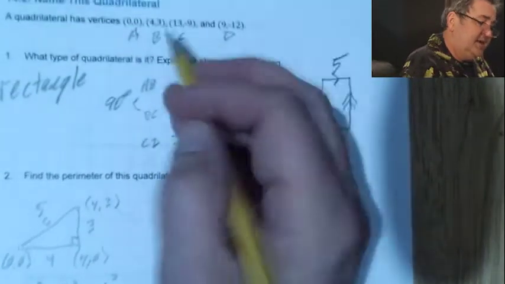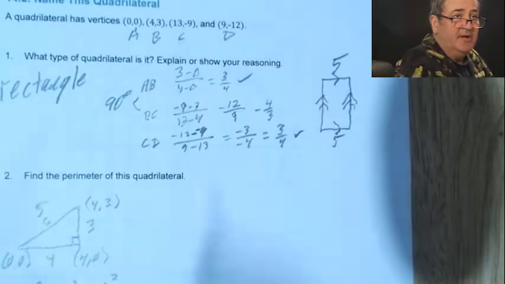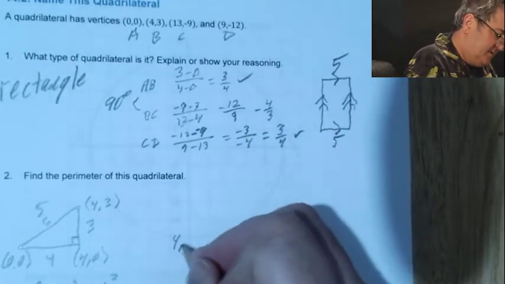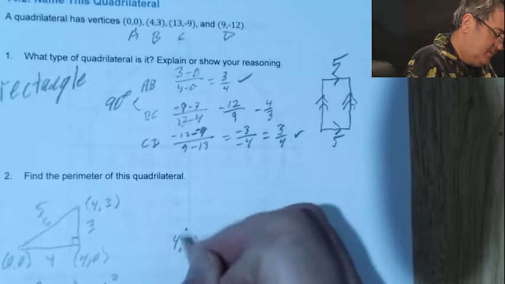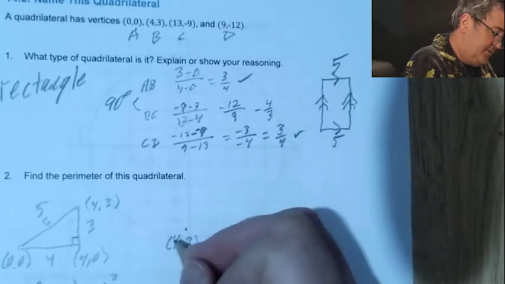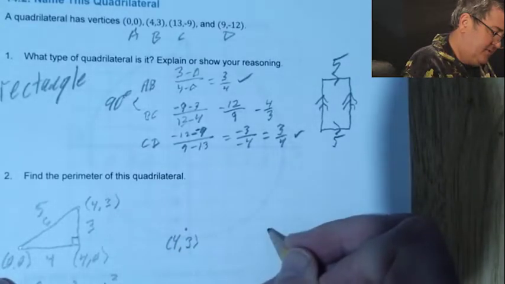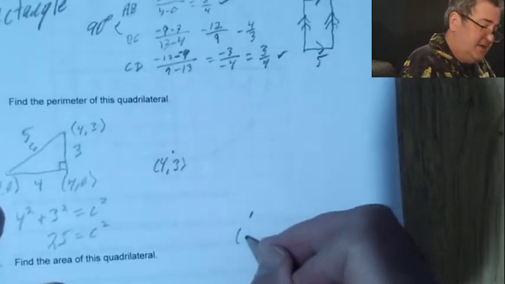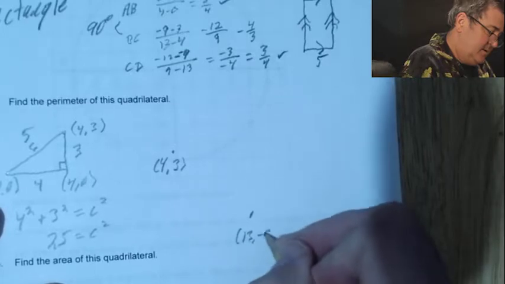So BC goes from 4, 3 to 13, negative 9. So 4, 3 is 1 point, and 13 would be farther this way, but negative 9, so it would go down to 13, negative 9.